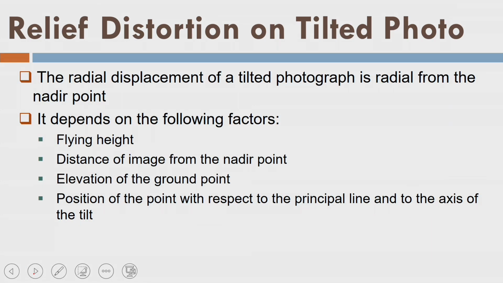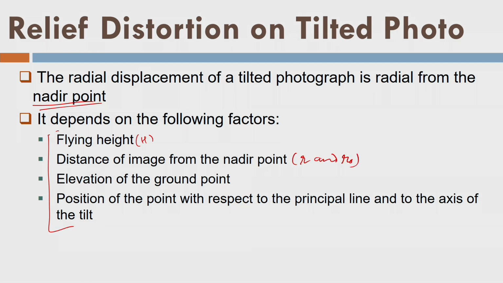So, finally, the radial displacement of a tilted photograph is radial from the another point and not the principal point, that you should remember in case of tilted photograph, and this depends on these factors. As we see in the expression, we have all these involved factors, right, R and R0 here, H small h, let's put the principal line and the, so that is nothing but my x dash and y dash.